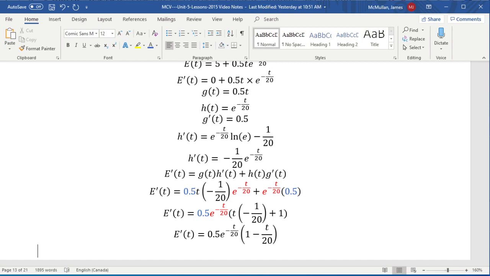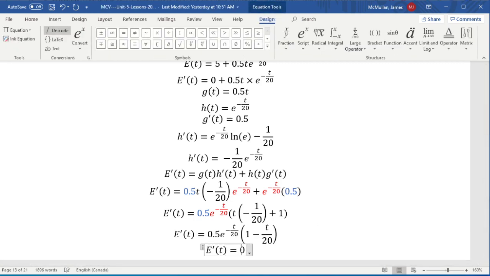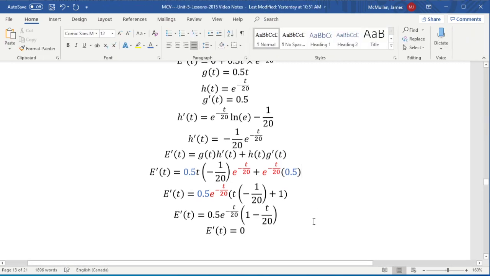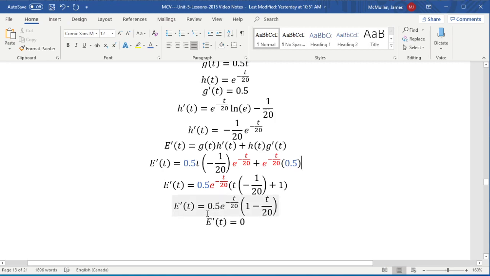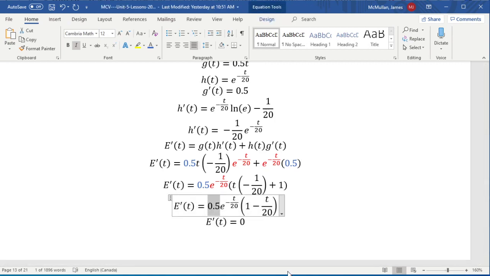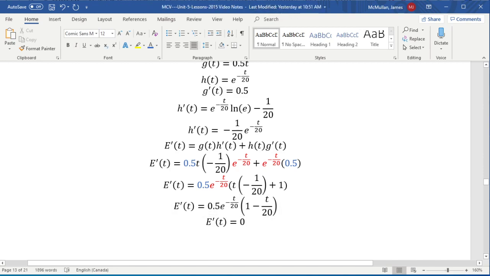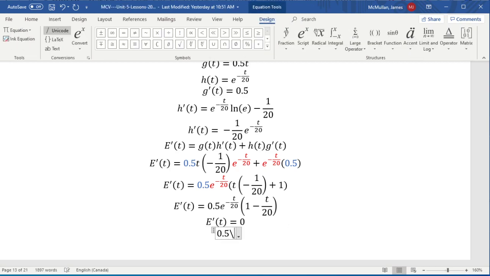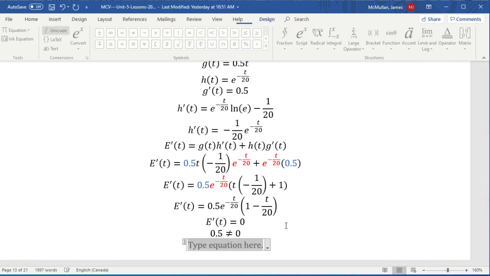Now when you are solving e prime t equals 0, you know how to solve a factored equation. You look at each factor and ask, could this ever be 0? So let's analyze. 0.5 is never equal to 0.